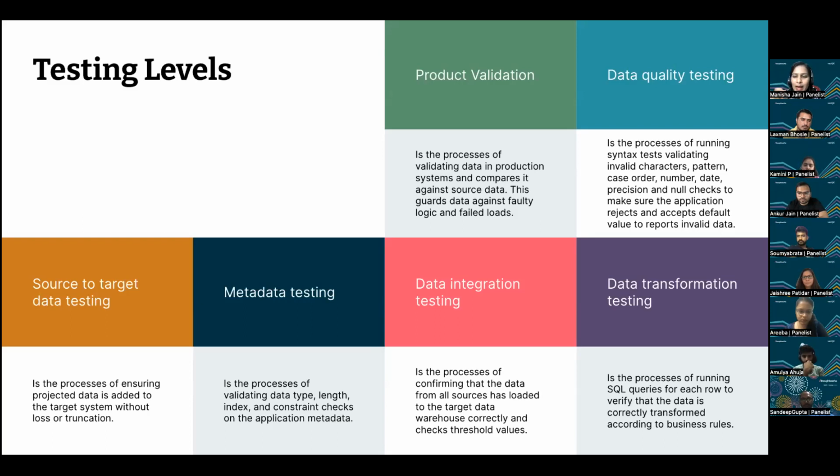It should match the pattern of the row that I'm looking for, and so on. So we define quality attributes for a data set. Source to target data testing is the process of ensuring that the projected data is added to the target system without loss or truncation. This is pretty straightforward: what you have in source, you've moved to target successfully.